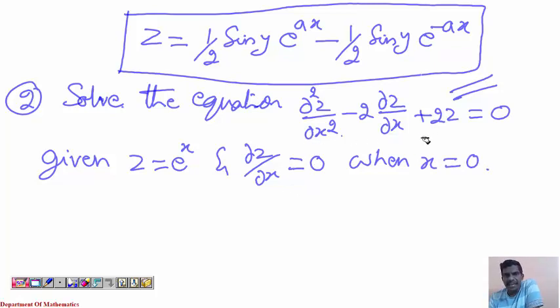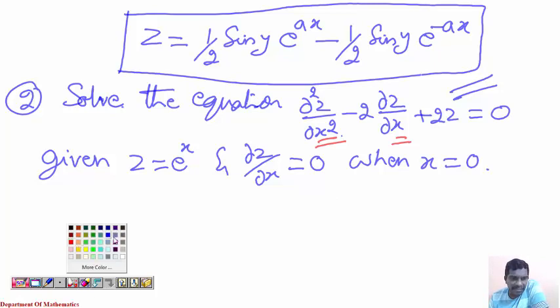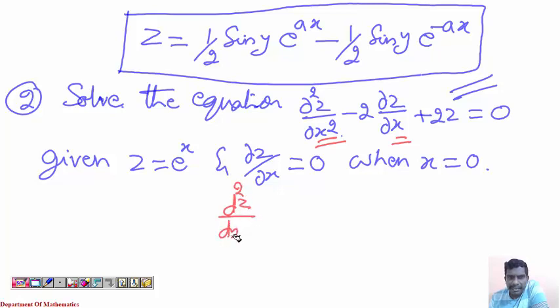See, in the given equation here also we have only one independent variable, with respect to which z is the dependent variable. Therefore, I can directly write this equation as an ordinary equation: d²z/dx² minus 2 into dz/dx plus 2z is equal to 0.